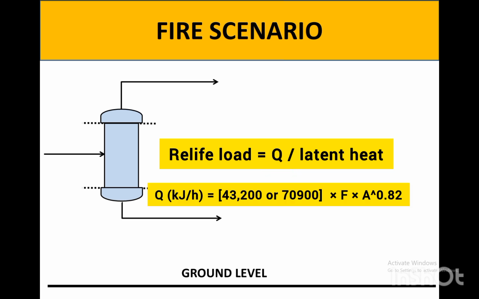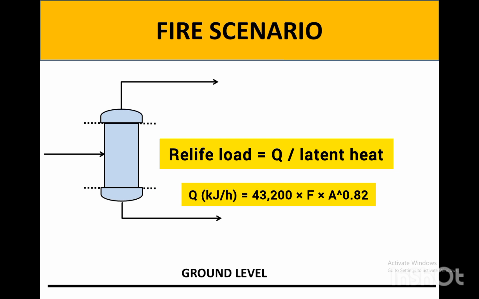If there is sufficient equipment within the refinery or the plant that we are sizing this PSV for, we use this constant in SI unit. If not, we use this other constant. Let's consider we have enough and sufficient equipment within our field.